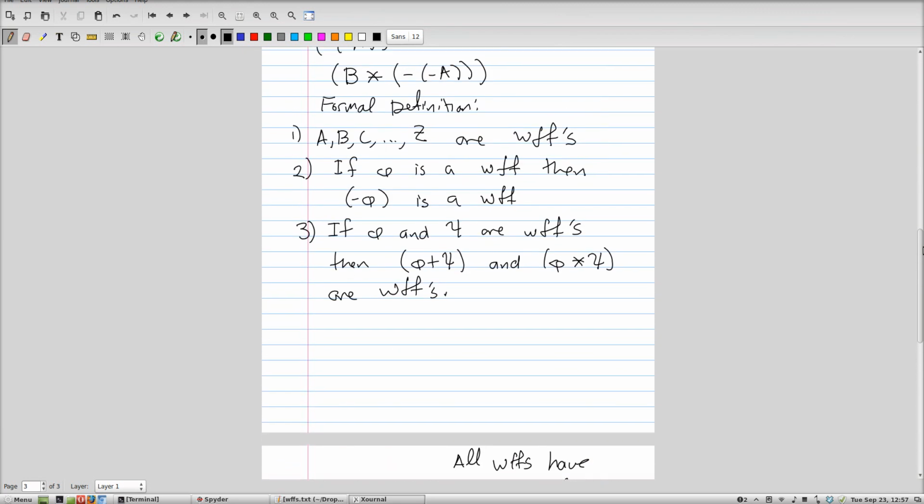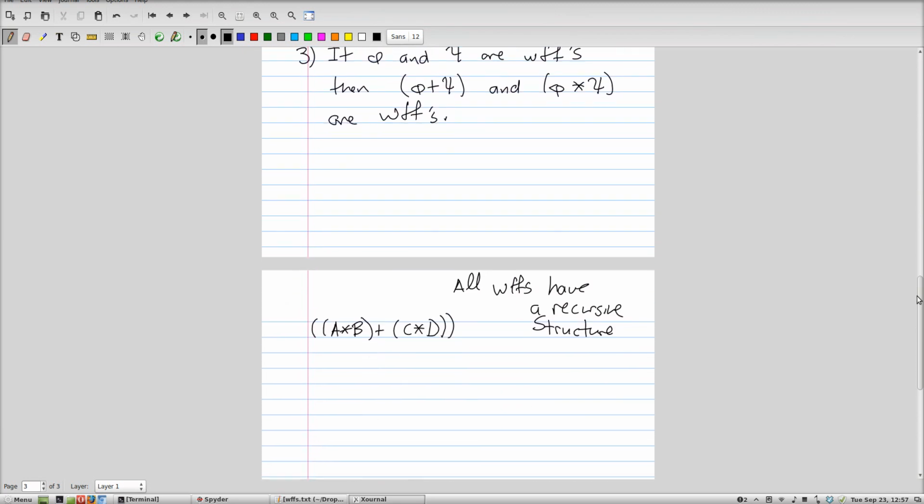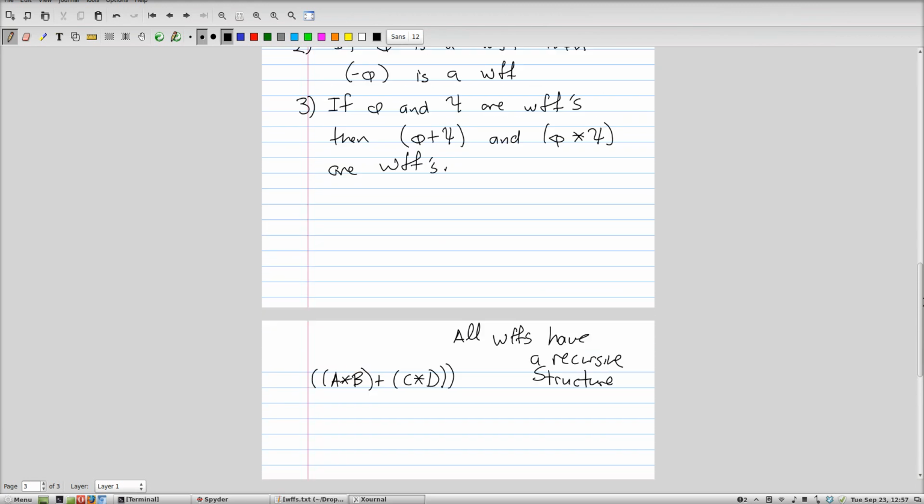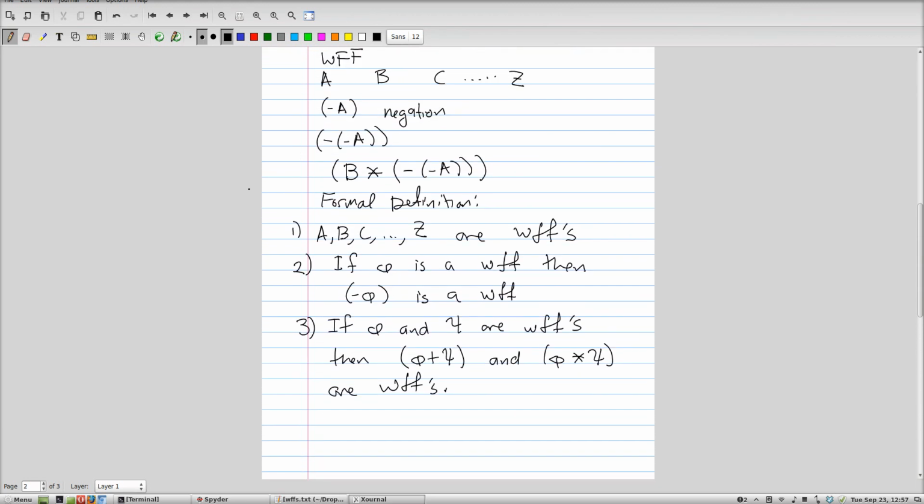So this is sort of bottom up, but we can go top down, and we can say, well, if I know that this is a well-formed formula, then it must be a formula that has one of 3 forms. It must either be a primitive, that means a capital Roman letter, or it has to be the negation of some other well-formed formula, or it has to be the disjunction or the conjunction of 2 well-formed formulas.